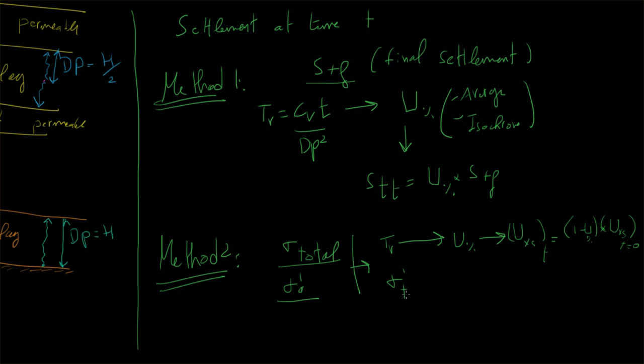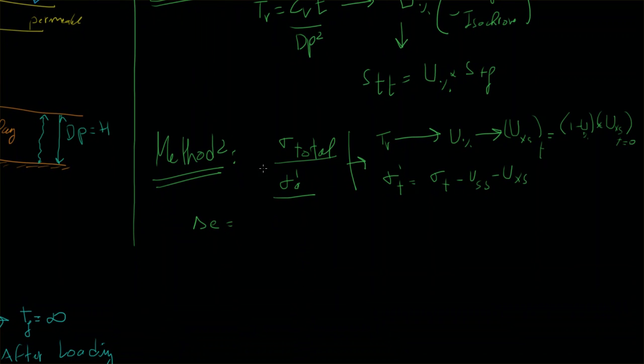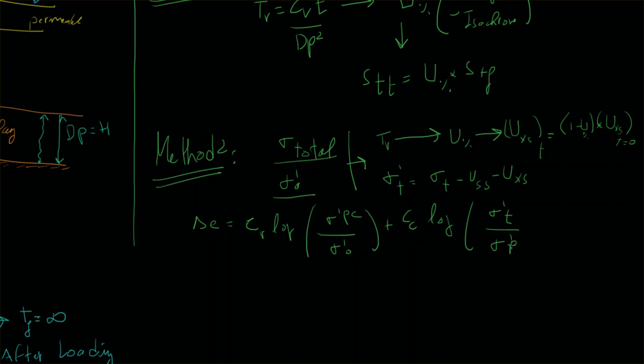Then we could say sigma dash t equals sigma total minus U_ss minus U_xs that we just found here. Then delta e depends on whether the soil is normally consolidated or overconsolidated, of course, but let's just use the general case: C_r log sigma dash p_c over sigma dash naught plus C_c log sigma dash t over sigma dash p_c. Then finally my settlement at time t will be H times delta e over 1 plus e naught.